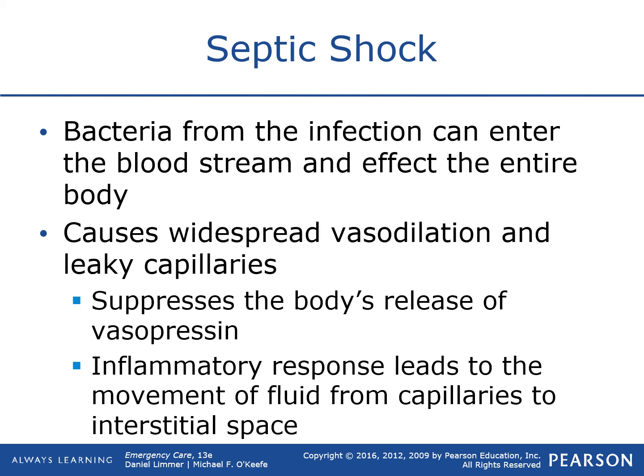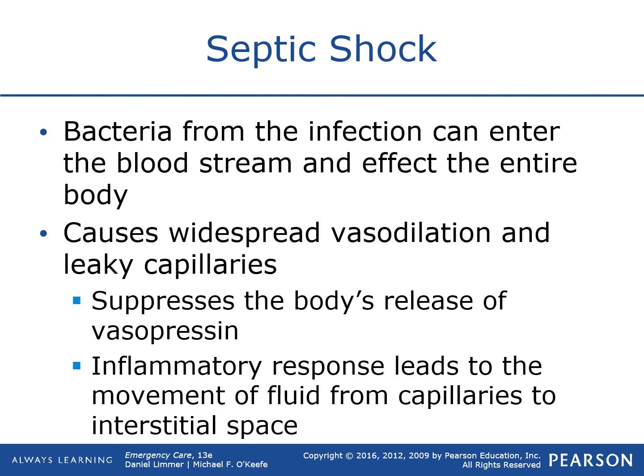So if your body can't release vasopressin to keep your vasculature constricted, and we also tell our body to move all of our fluid outside of our vascular space into our interstitial space, you have a 1-2 punch of vasodilation, because nothing's keeping it constricted, and what we call leaky capillaries.